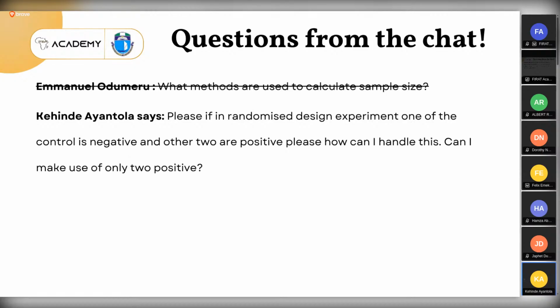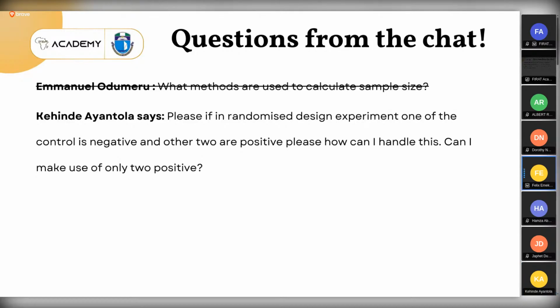Now, each of them has three replicates, but for the one without fertilizer, out of those three replicates, one does not maintain the same status as the other plants. So it's giving a kind of positive, negative outcome. So we now have two positives. I was thinking, can I make use of the remaining two replicates that are giving me a good result, or what can I do?